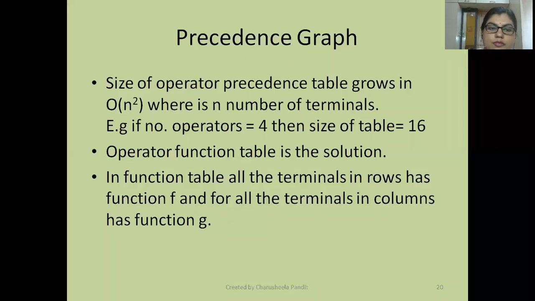So the solution for this is the operator function table. As I told you earlier, whatever terminals we are having on the row side, all those terminals will have the function named f, and the terminals which we are having on the column side will have the function named g.